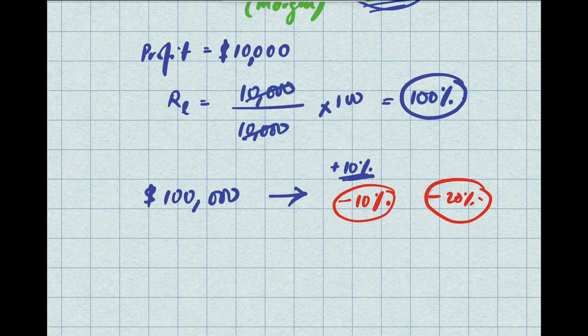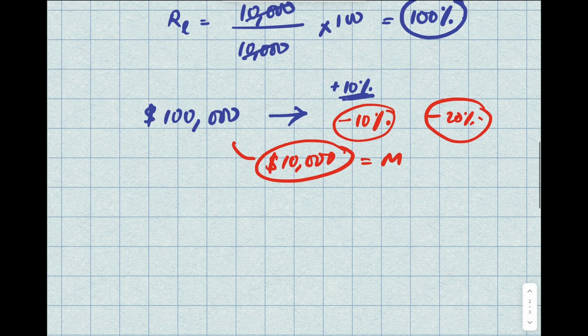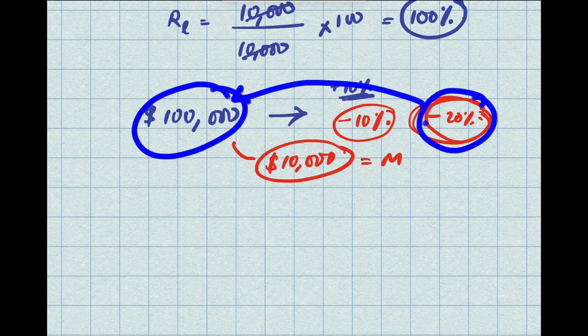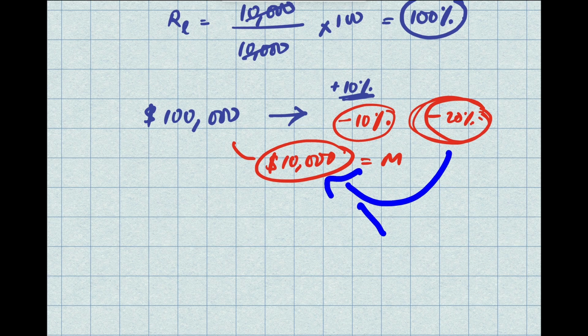In that case, you had put in the margin money of 10%, which is this much. And if the value of the investment goes down by 20%, so 20% will be applied on this. Okay? Not on the margin money that you put in.